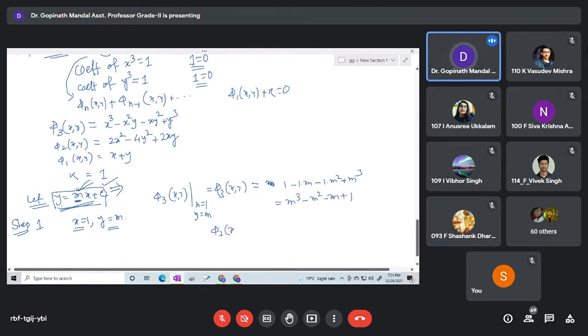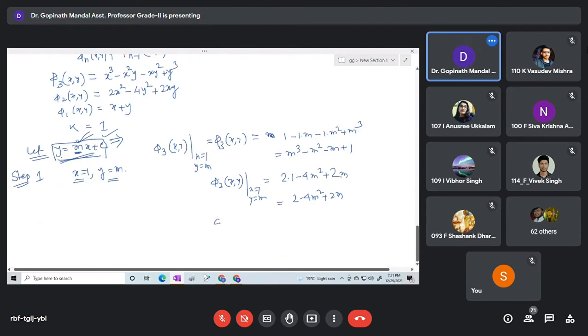Similarly phi 2 at x equal to 1, y equal to m will be 2 minus 4m square plus 2m. Phi 1 at x equal to 1, y equal to m will be 1 plus m, and the constant k equal to 1.